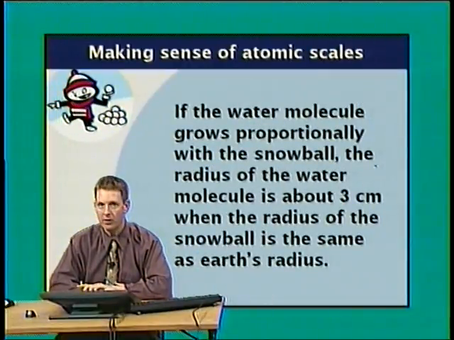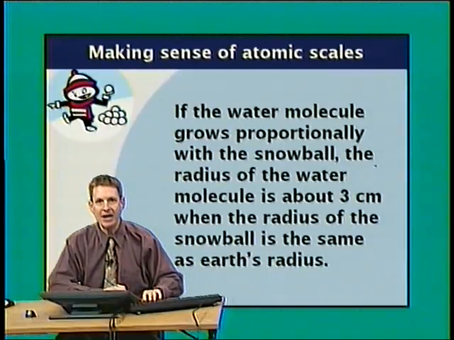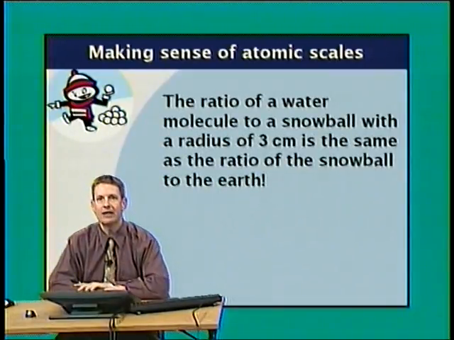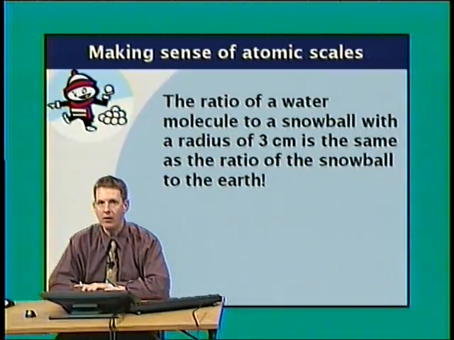So if the water molecule grows proportionally with the snowball, the radius of the water molecule is about 3 centimeters when the radius of the snowball is the same as Earth's radius. And an implication of that is that the ratio of a water molecule to a snowball with a radius of 3 centimeters is the same as the ratio of a snowball to the Earth.